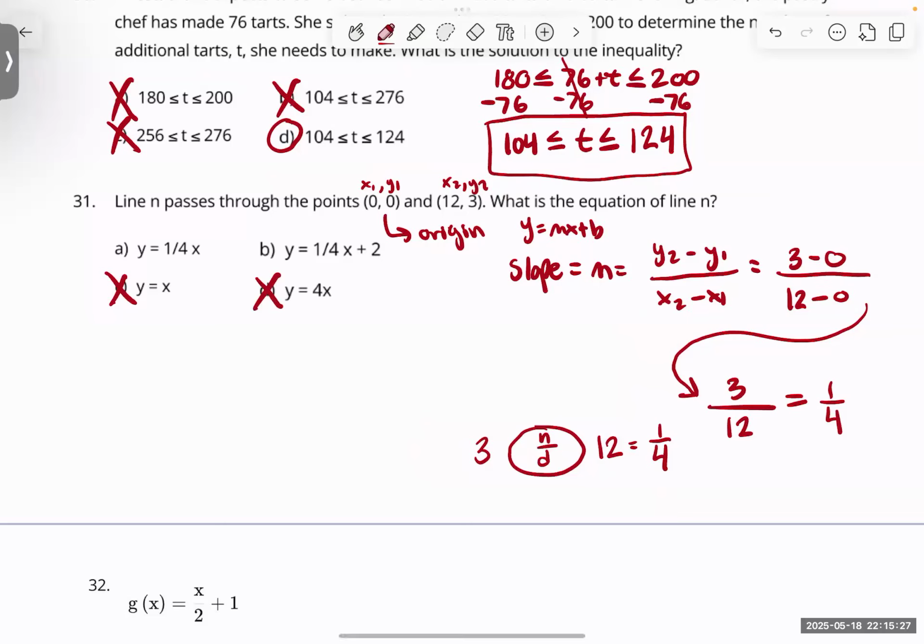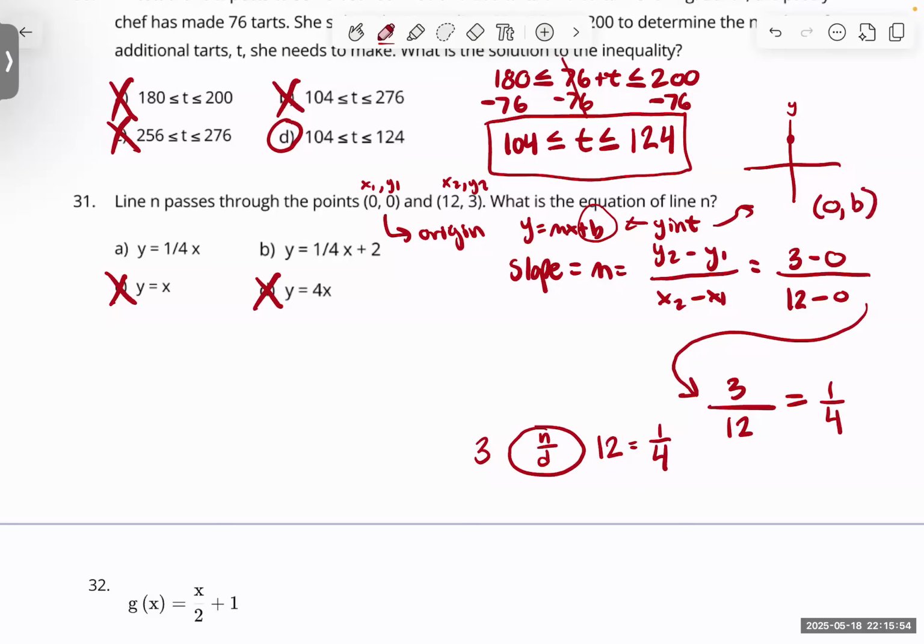So now I'm stumped between two different answers. Well, remember how your b is your y-intercept? What is a y-intercept? Again, the y-intercept is some point on the y-axis, and all y-intercepts are written as 0, comma b, some number.